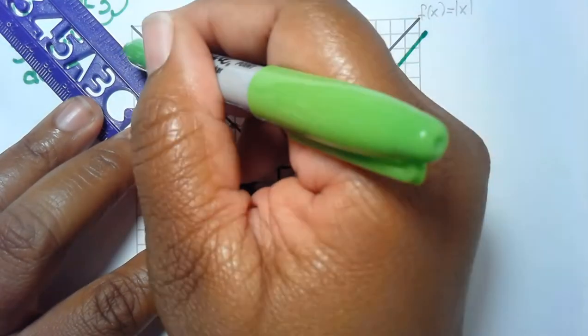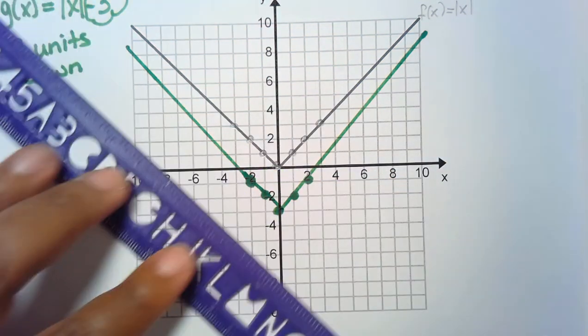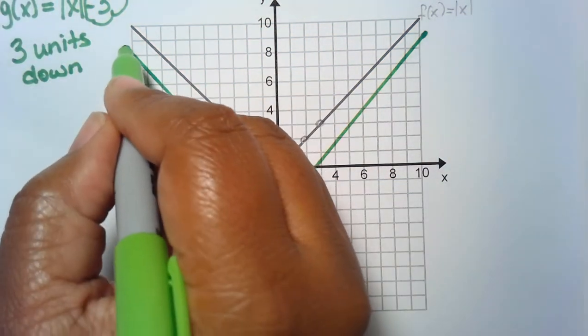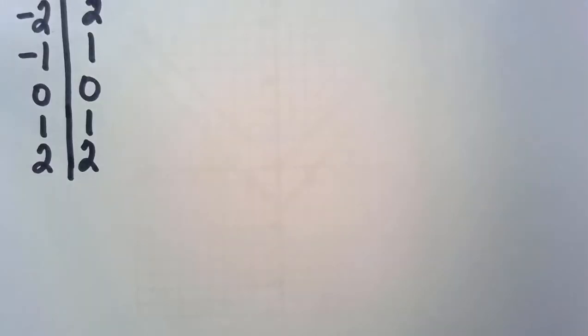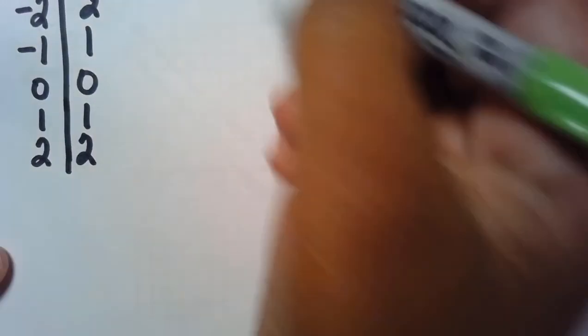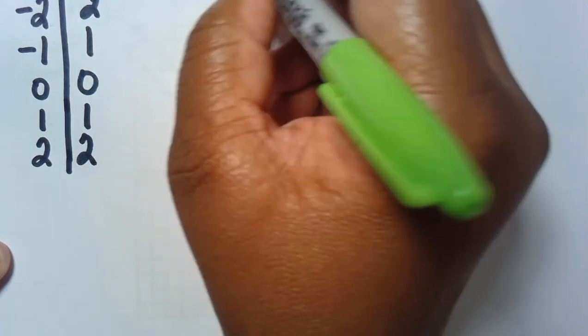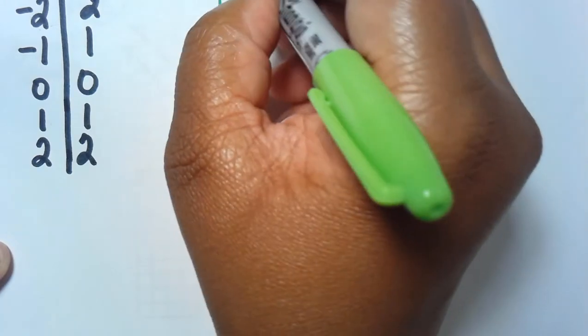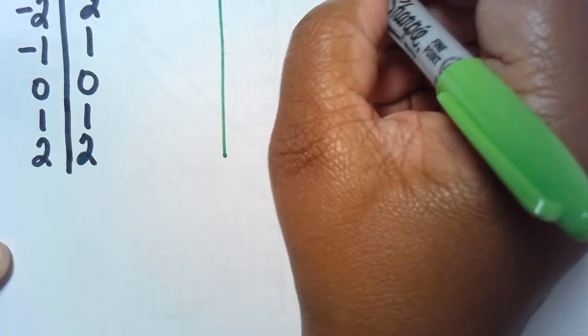It's still going to be a V-shaped graph, but all of the points shifted or moved down 3 units. Now, if we didn't have the graph and I ask you, okay, here's a table and we have g of x is equal to the absolute value of x minus 3.